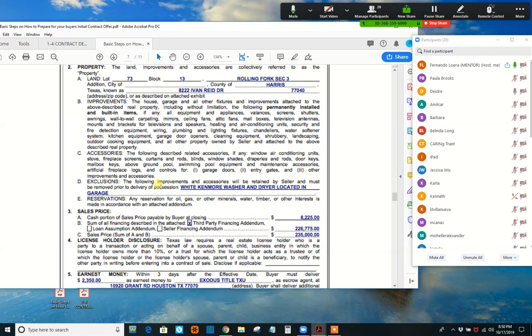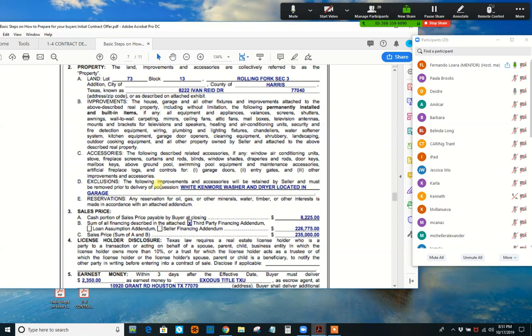The reason why I want you to be specific is because most of us have 2 or 3 refrigerators in a house. And let's just say that the kitchen refrigerator, a stainless steel refrigerator, is not the one that's the exclusion, but the one that's staying is the one in the garage. That can happen.